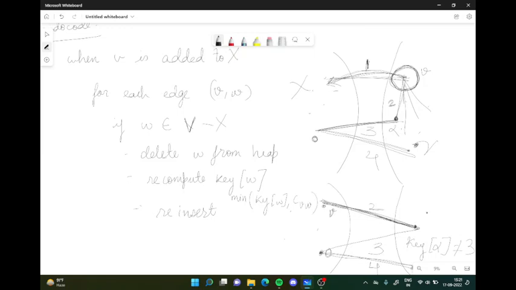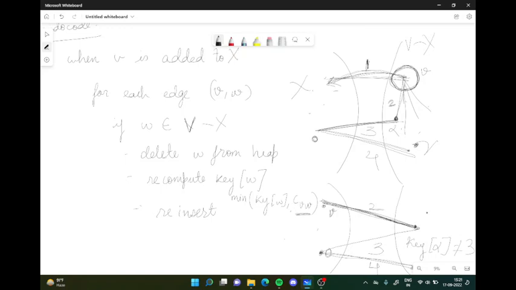This edge CVW was previously in V minus X, but now it is the only edge crossing the cut. So if CVW is cheaper than key W, then that will become the new key. Otherwise, the key W which was previously present remains, and W is reinserted.